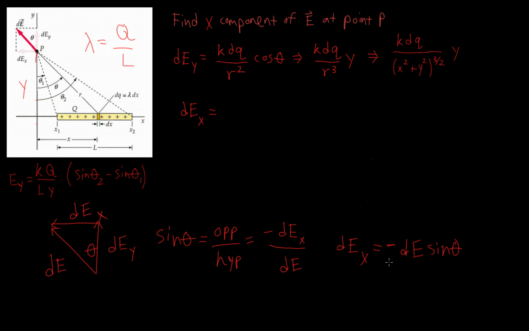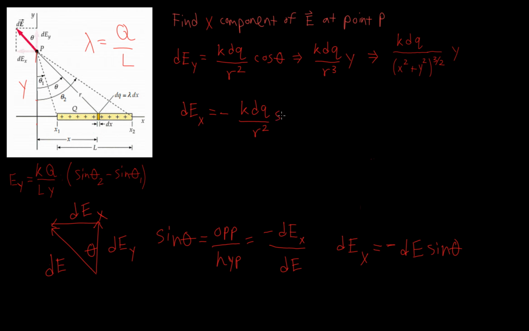And so if we just substitute in dEx over here, we would just get that dEx equals -1 times dE, and that's just the magnitude of the electric field, which is just given by Coulomb's constant, times the small amount of charge dq over r squared. And remember, r squared is just this length right here from point P to the segment that we're interested in.